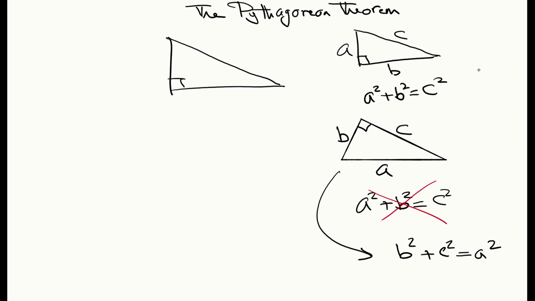So I like to call this one L1 and this one L2 and use H for that one. This way we can't go wrong. We know that leg 1 squared plus leg 2 squared equals the hypotenuse squared. With that terminology, we can't go wrong. So let's take a look at an application together.